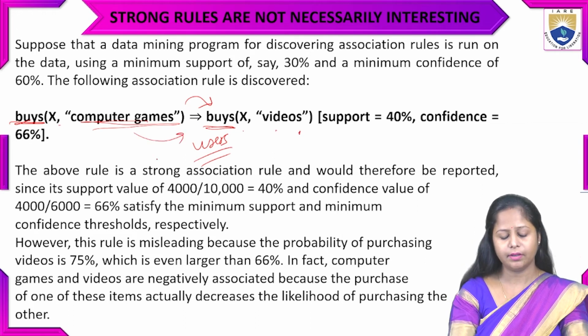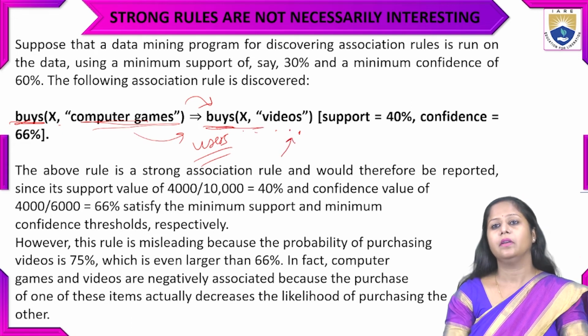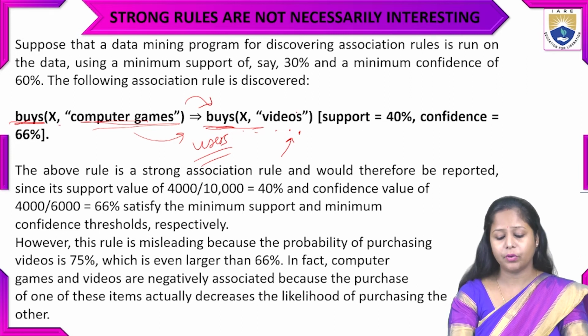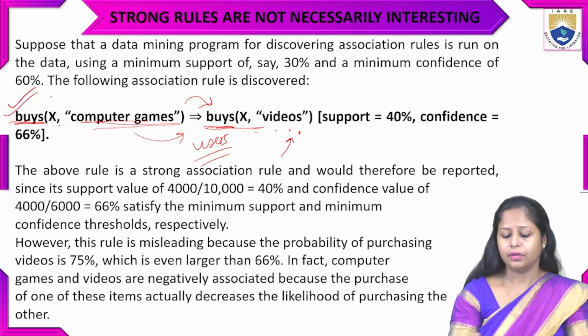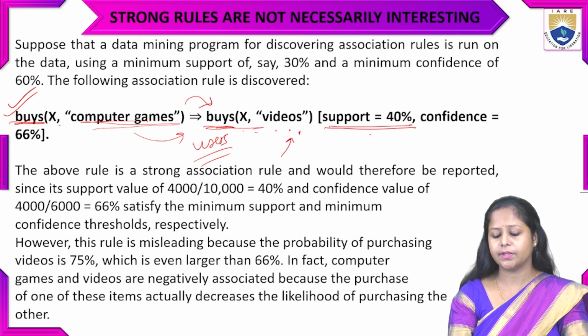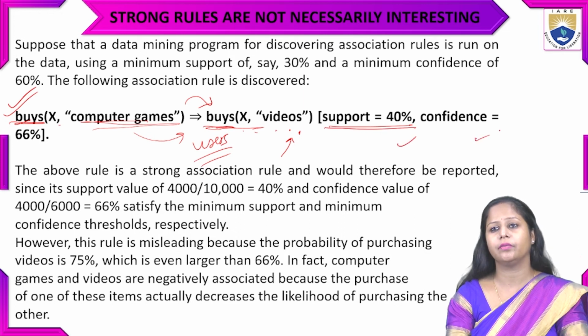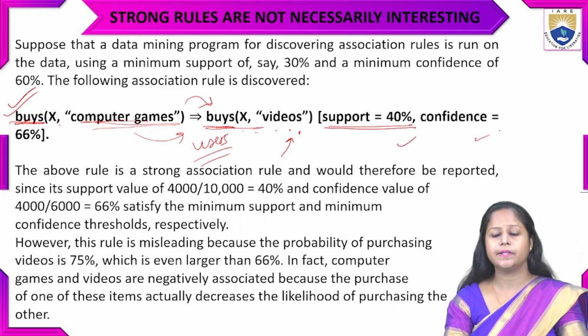So computer games depends on who buys X, videos. If we calculate the support for this rule, the support will be 40% and the confidence will be 66%.